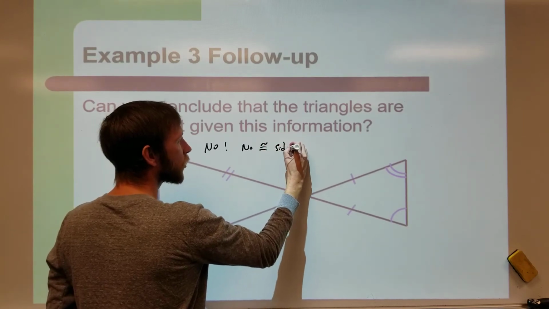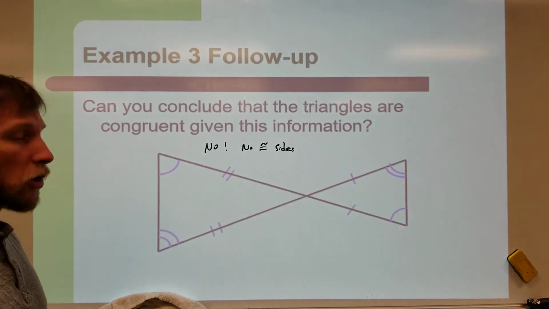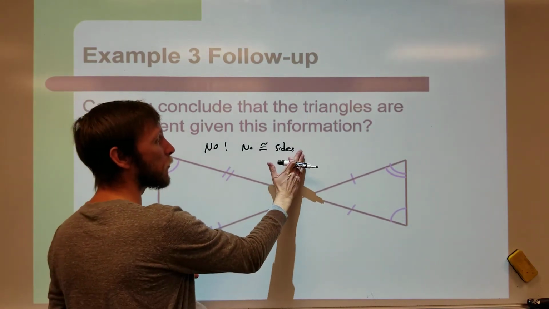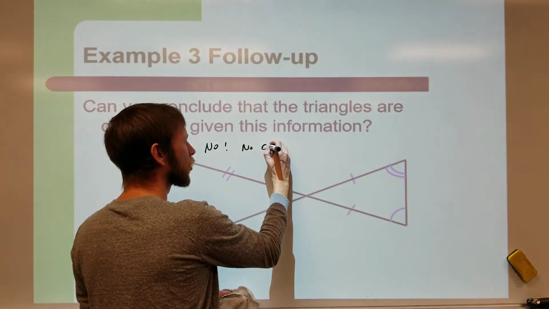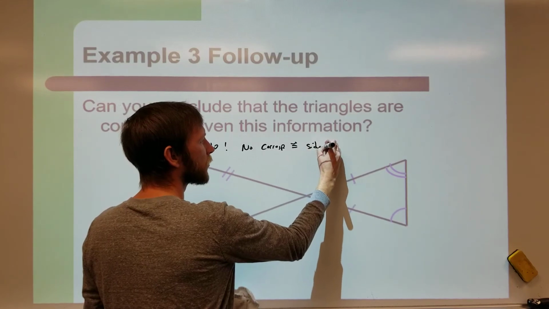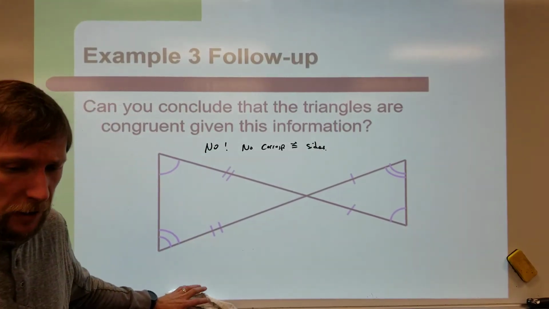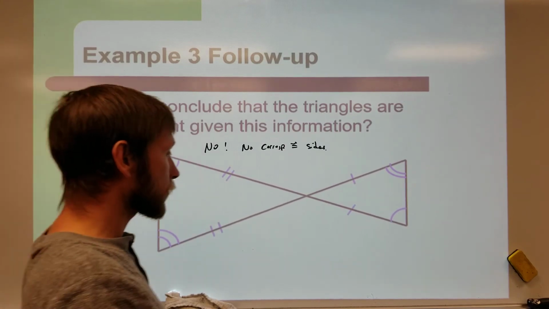Now when I say no congruent sides, I mean between the 2 figures. I could say no corresponding congruent sides. That would be a better sentence. But if you say no congruent sides, I'll know what you mean. If we don't have any corresponding sides that are congruent, I cannot say that we have congruent triangles.